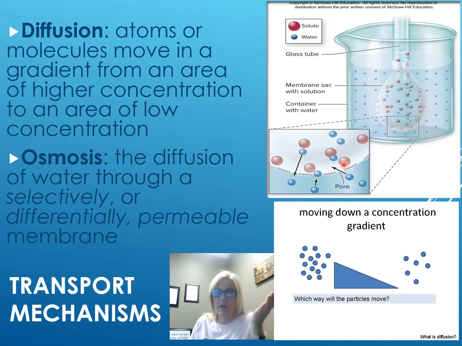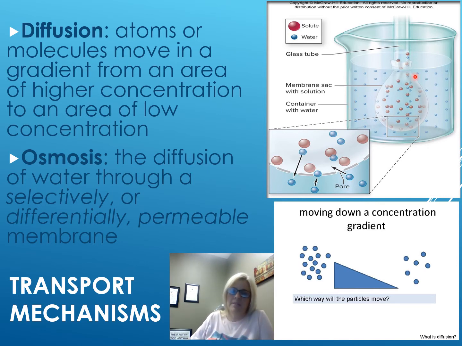Now this red particle is probably meant to be a little too large, and so water is usually what's going to be traveling, okay? But let's pretend that these aren't too large to go through. So the red would move or diffuse from a high concentration to a low concentration. So the solute would move out of the little sac here, okay?